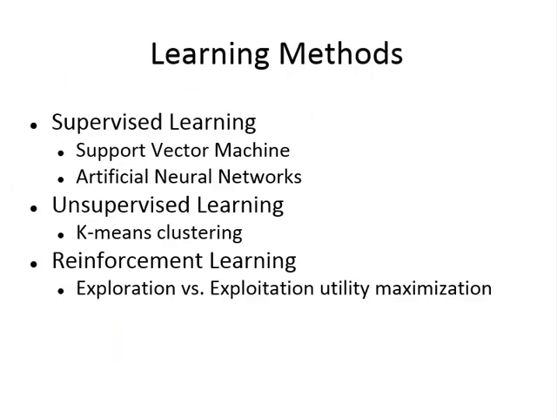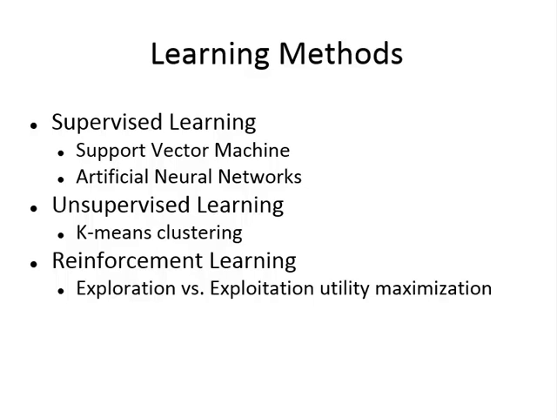Each of these different types of learning methods, supervised, unsupervised, and reinforcement learning, have different methods that fit within each category. Here, we're going to look at just a few of the methods that are the most common or the most useful generally within each category.